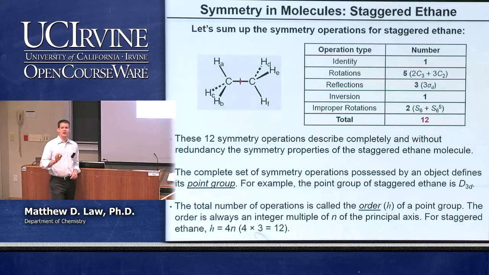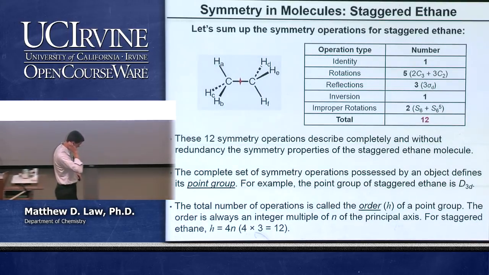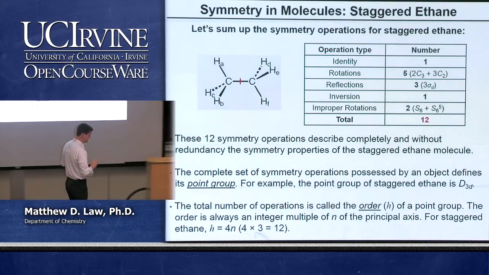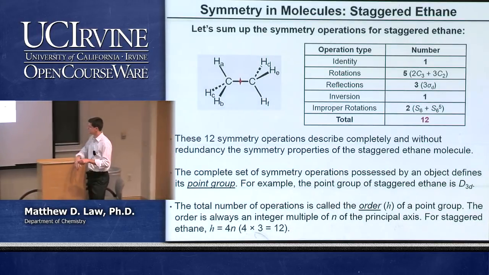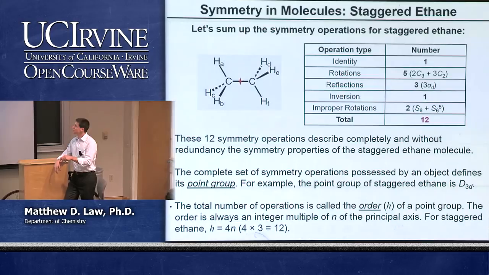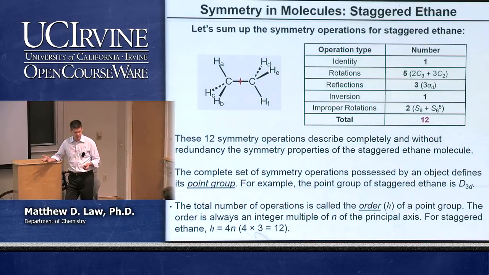The total number of operations in any point group is called the order of the point group. We just add up all the operations. So the order of the D3d is 12. Okay? The symbol for order is usually baby h, okay, little h. And we'll use this quite a lot later. So just remember that the order is simply the number of symmetry operations in the point group. The order is always an integer multiple of n, the principal axis n.